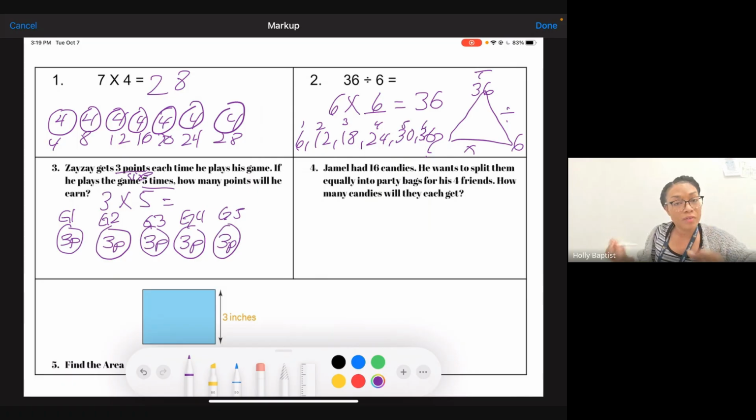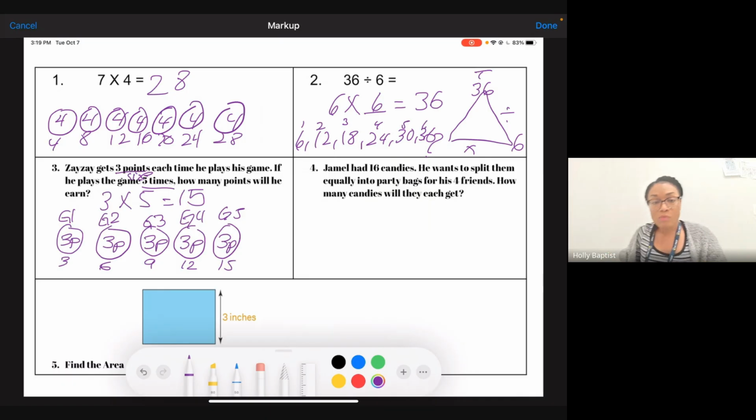So, hey, third grade, here we go. Let me hear those 3s roll. 3, 6, 9, 12, 15. Oh, it's lit on the third grade team. Just like that, we have our answer. 3 times 5 is equal to 15. And I can write a complete sentence. Zay would earn 15 points by playing the game 5 times.